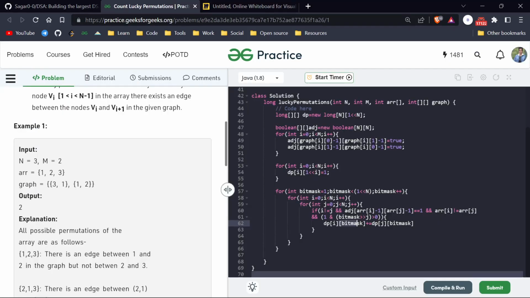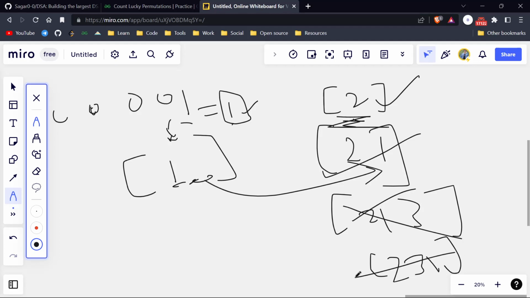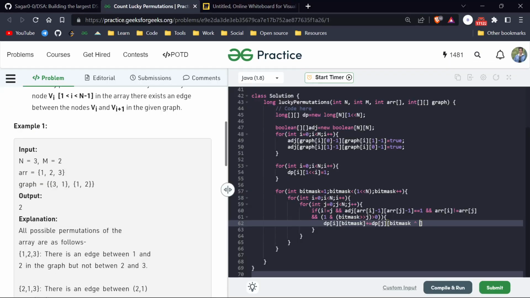So that is why we have to use the XOR operator here. XOR will just eliminate this one if it is in the permutation, and if this one is in this permutation, we will not consider it. So we will not consider all the permutations that have this one. That is why we use the bit mask with 1 left shift i times.